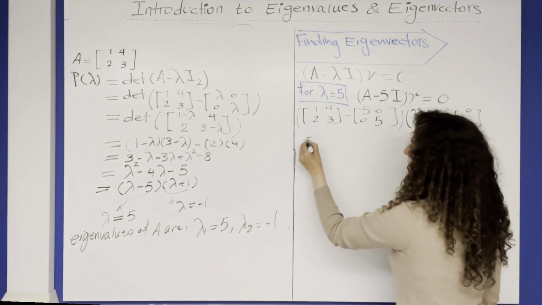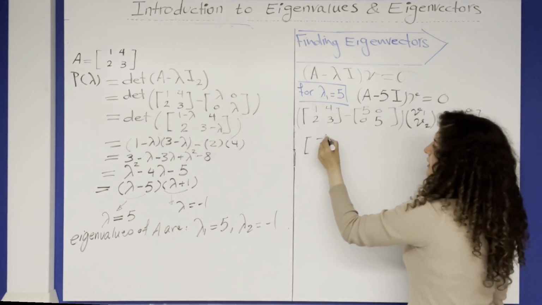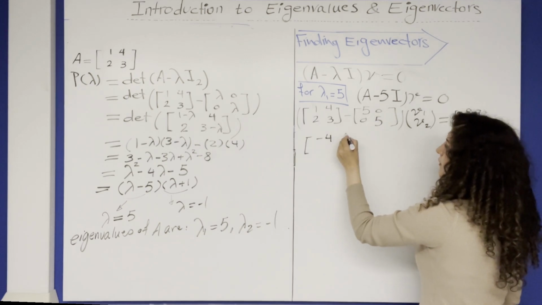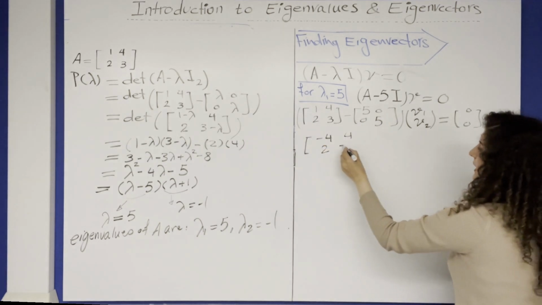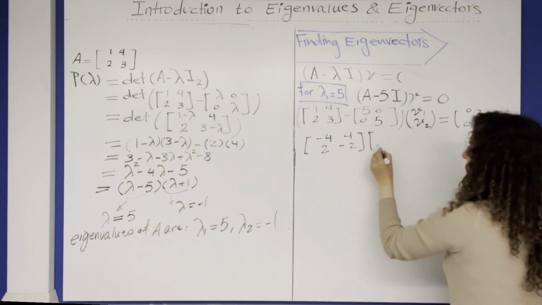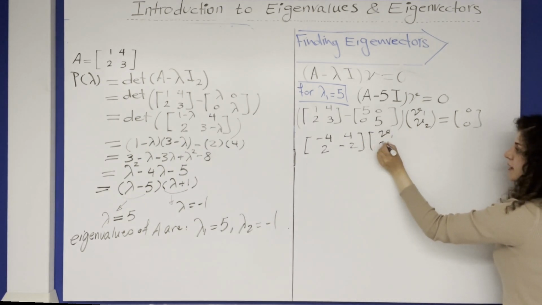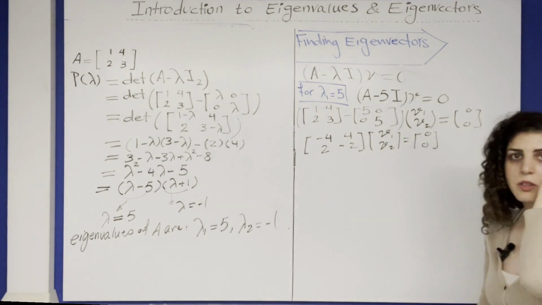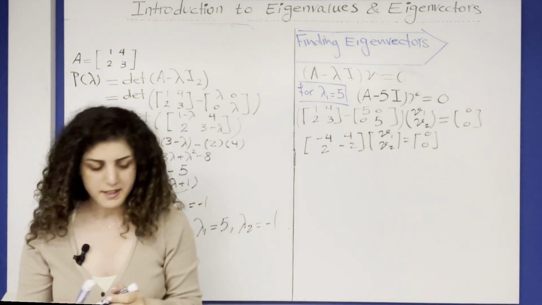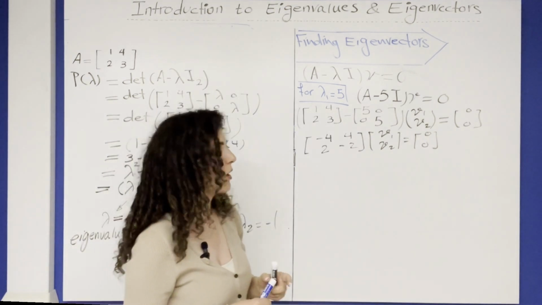So in other words, I have negative 4, 4, 2, negative 2 times v1, v2 equal to 0 and 0. So this is a homogeneous system with two equations and two unknowns.